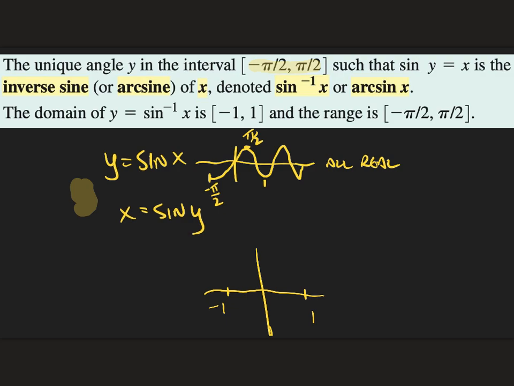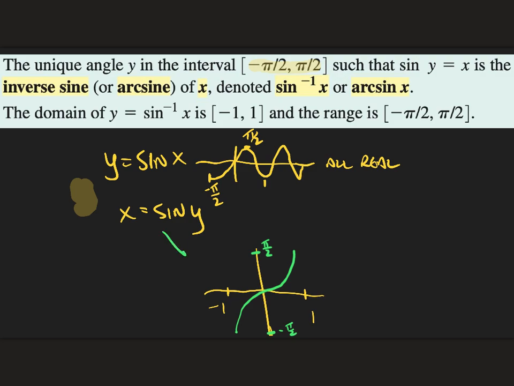And finally, the graph of the inverse sine function looks something like this. This is positive pi over 2, and at the bottom is negative pi over 2. It comes up, it goes through 0, and then it comes up, and it's like that.